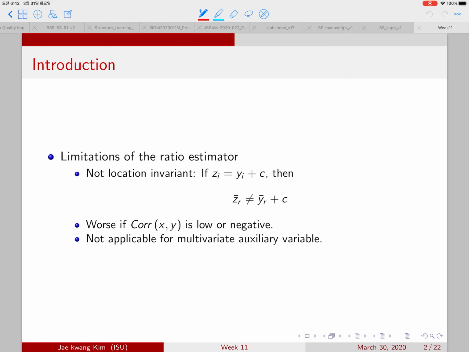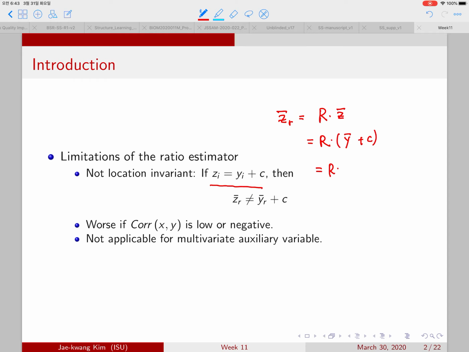First, it is not location invariant, in the sense that if we add some constant c to y, the ratio estimator is R times c bar, and c bar is y bar plus c.